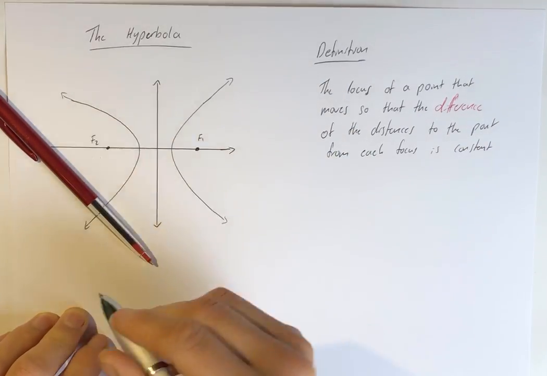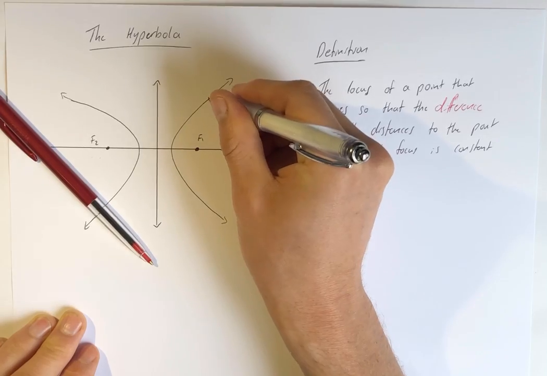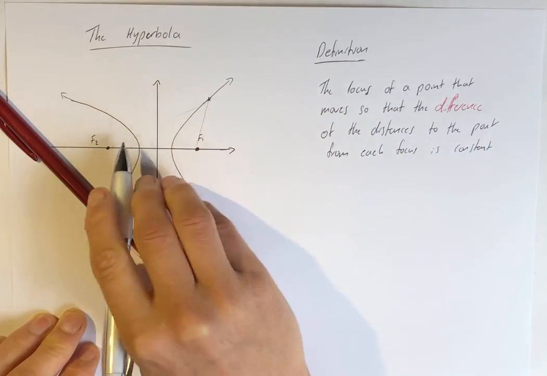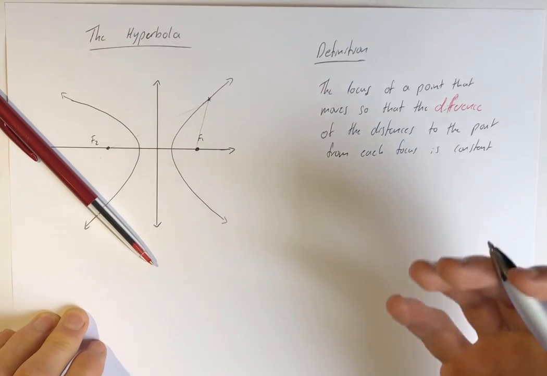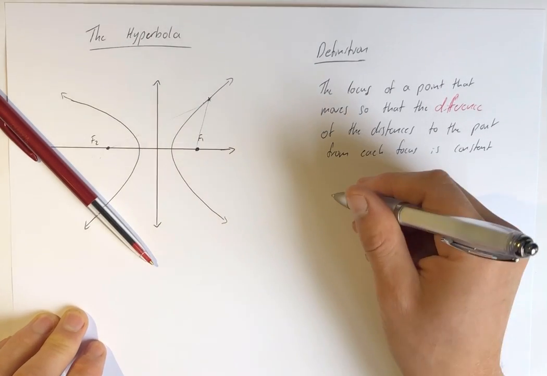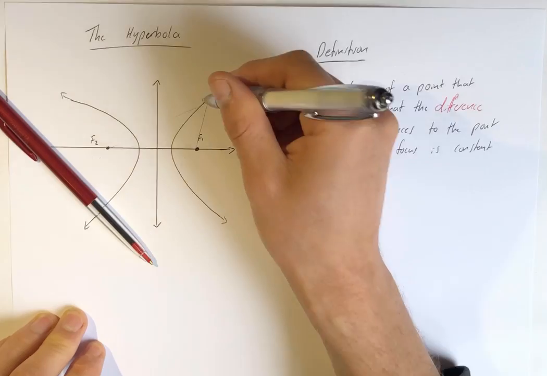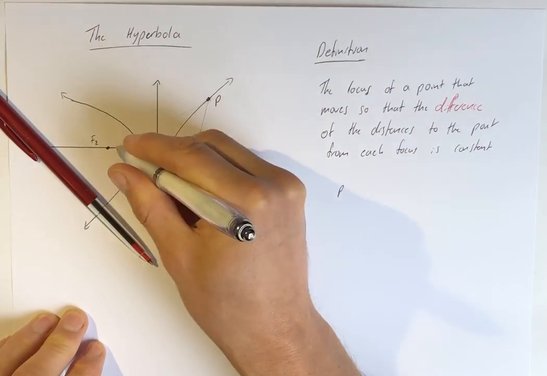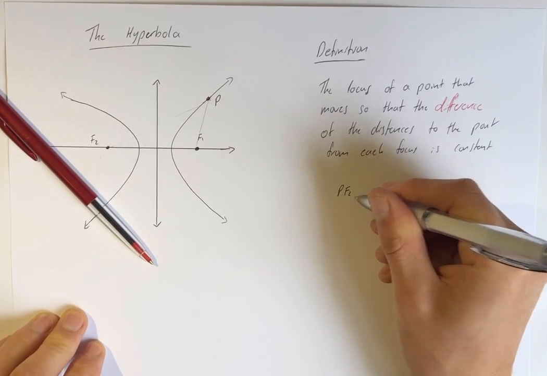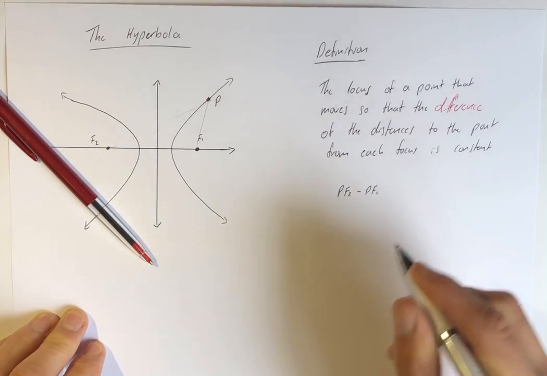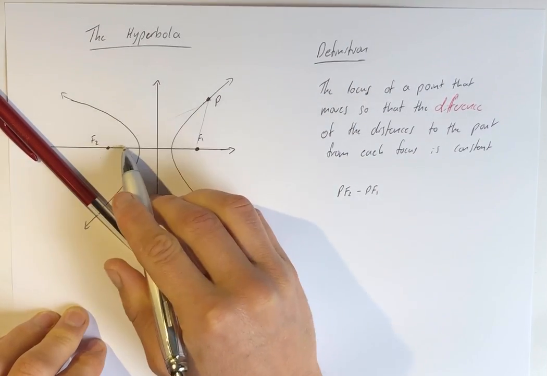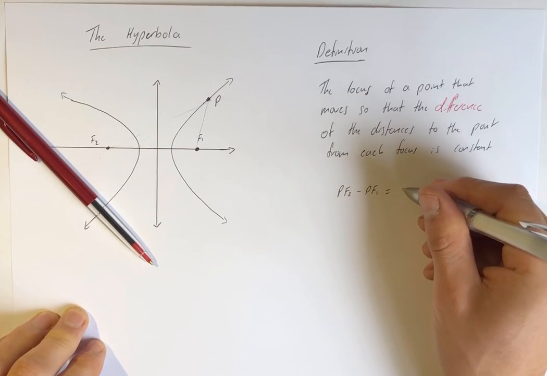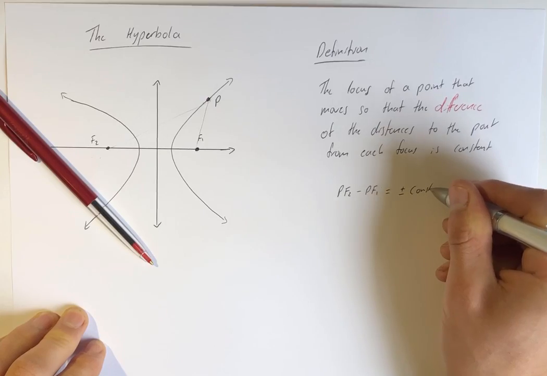So what does that mean? It means that if I was here and I took that distance and that distance, and I took the difference between them, it would be some constant. So if I called that P, then PF2 minus PF1, so PF2 being that line, take away PF1 being that line, is equal to some constant.